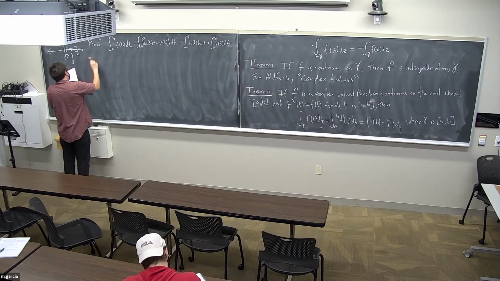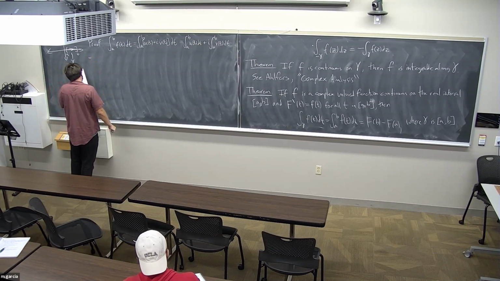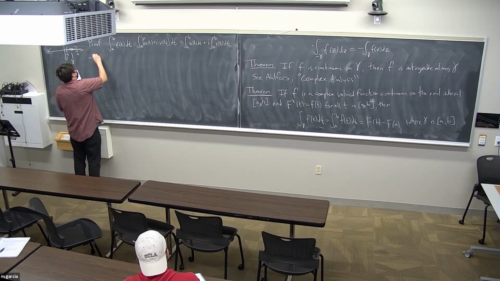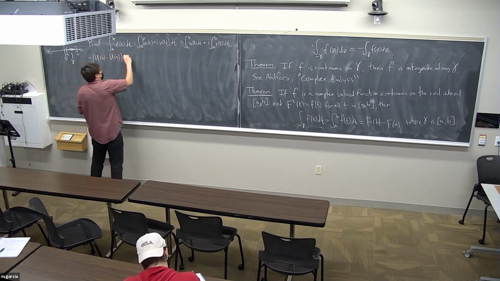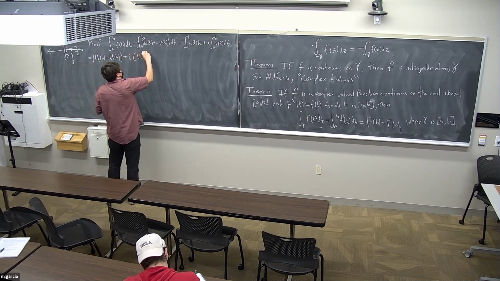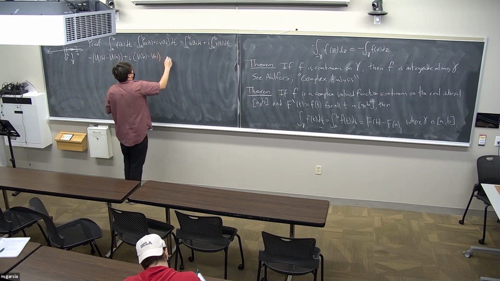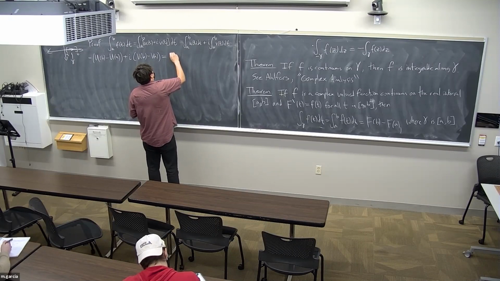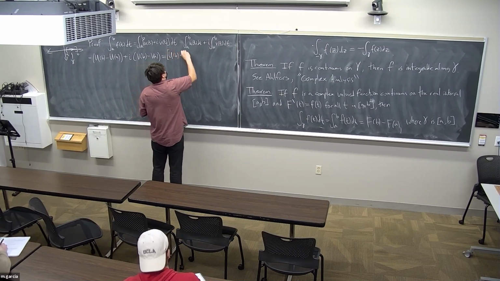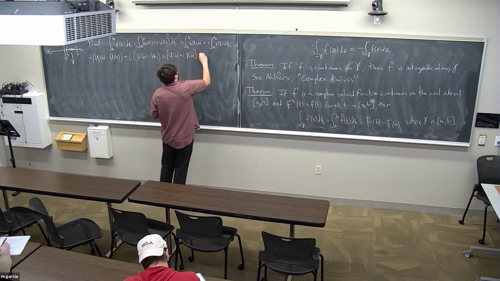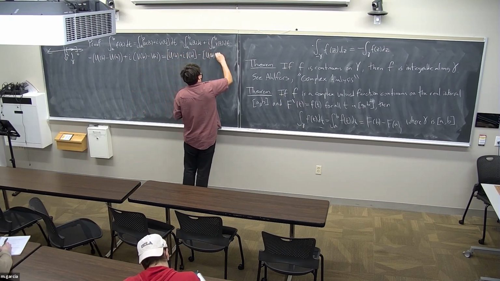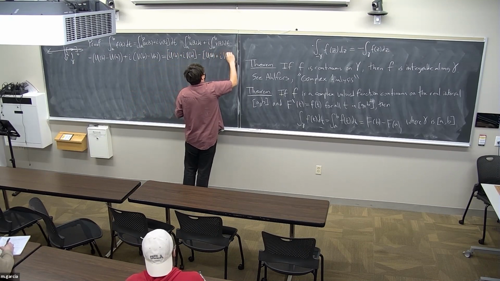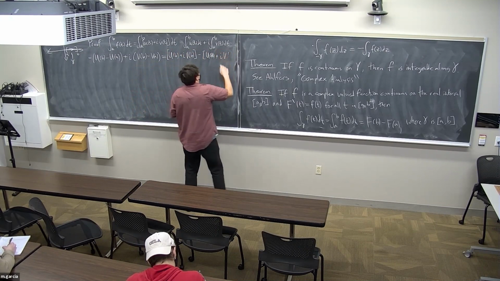Then we get that this is equal to u of b minus u of a plus i times v of b minus v of a, which is equal to u of b plus i v of b minus u of a plus i v of a.